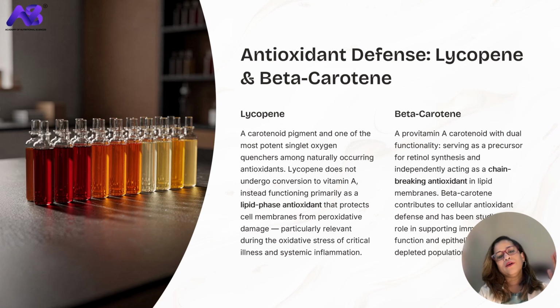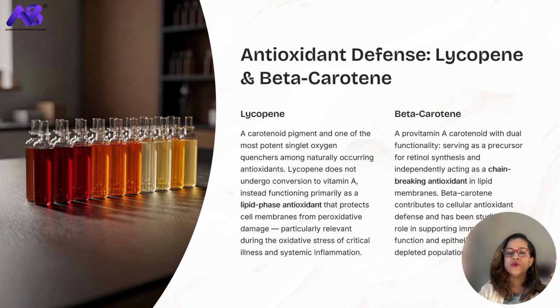Of course, you can go on, but some of the other important nutrients which I have found of great usefulness when choosing the right supplement are lycopene and beta carotene, which are very powerful carotenoid antioxidants. They protect the body from oxidative stress and chronic disease. Especially lycopene is noted for two major conditions: cancer and cardiovascular diseases.